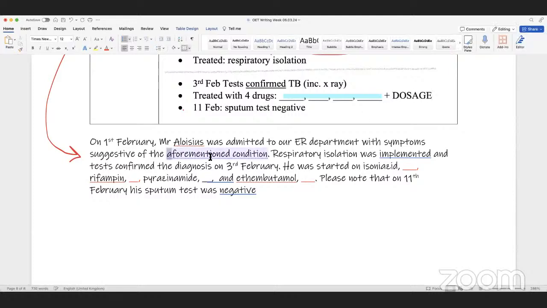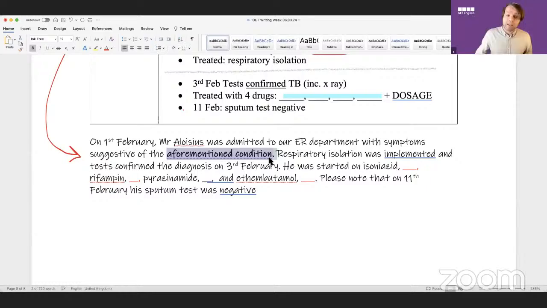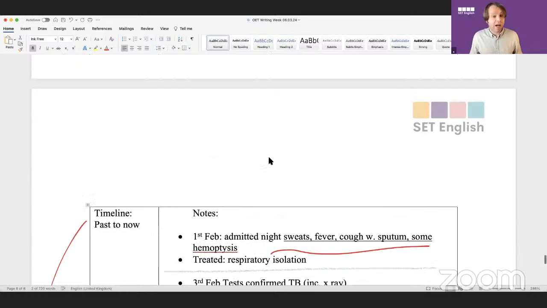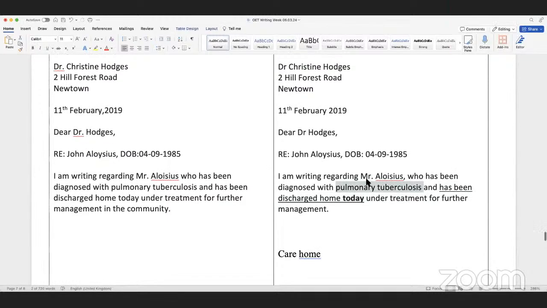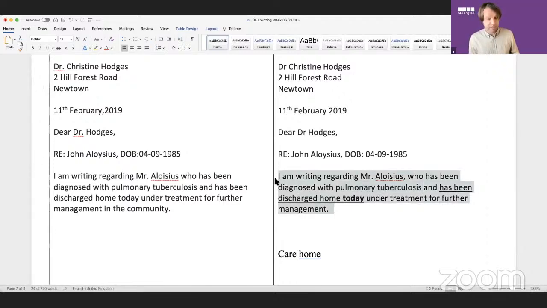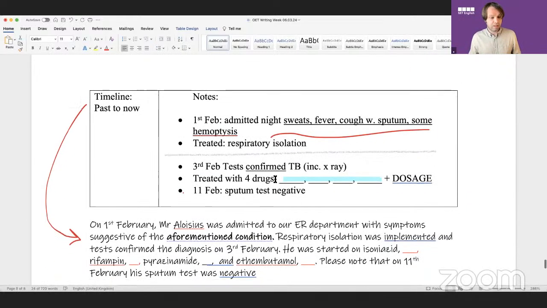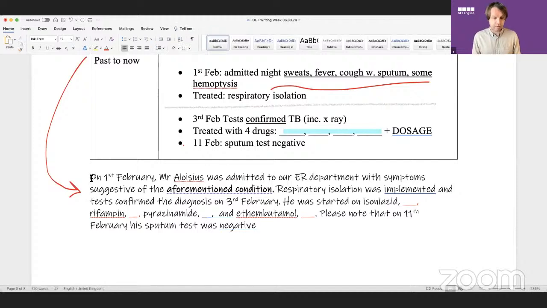There's only one point, sir. Aforementioned condition, when we use that, we already mentioned this one in the other paragraph, sir. Now, guys, I wrote this because I noticed that many of you are saying the condition here, but not all of them. Look at this, guys.